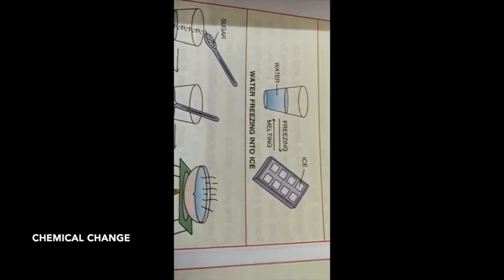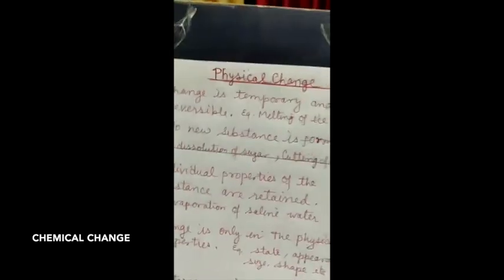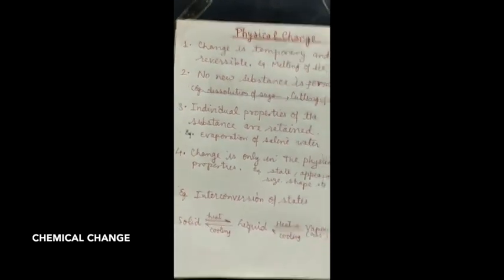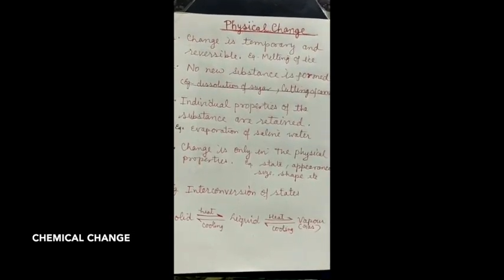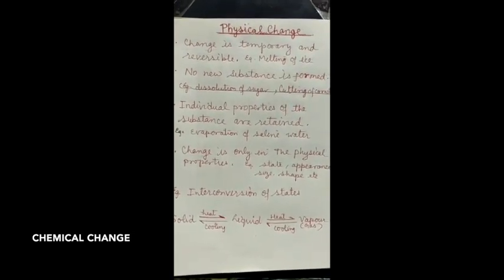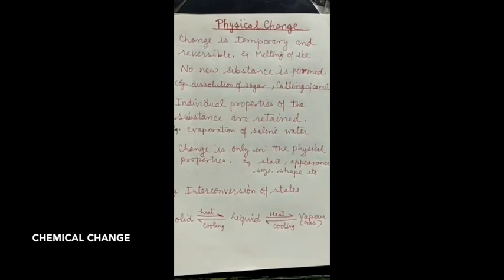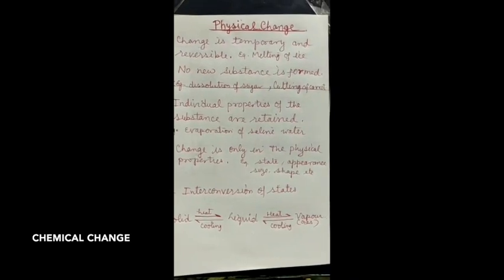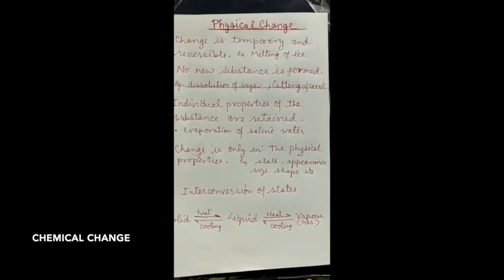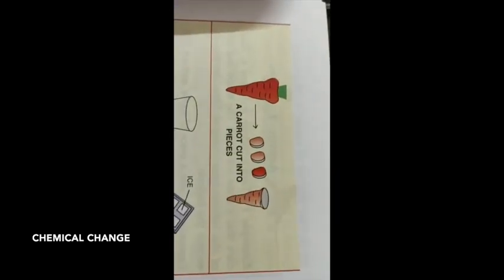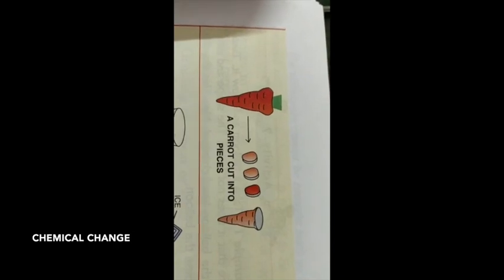Let's come to the second property of physical change, and that is no new substance is formed. For example, dissolution of sugar or cutting of carrot. Now have a look at cutting of carrot. See, a carrot is cut into pieces.